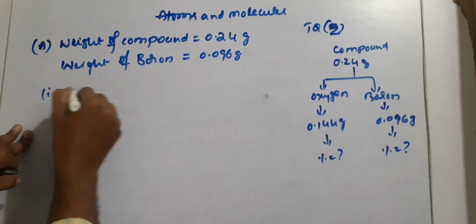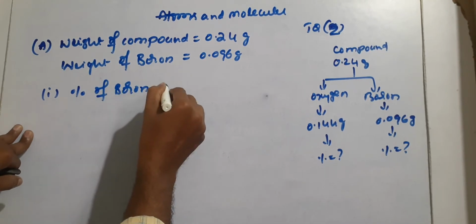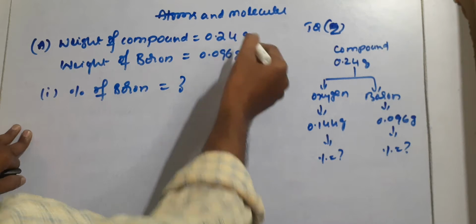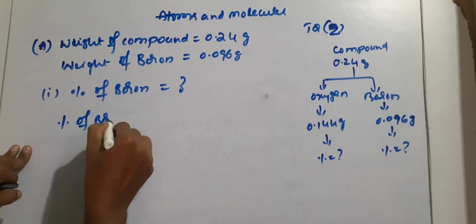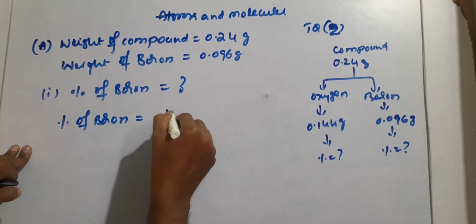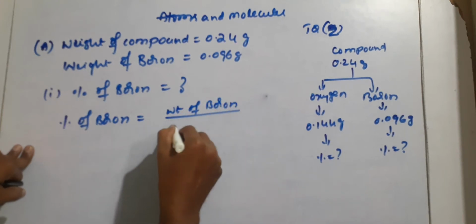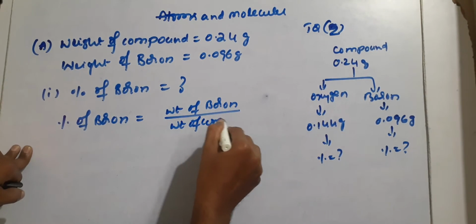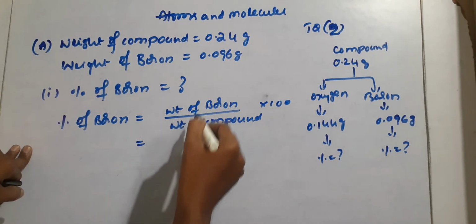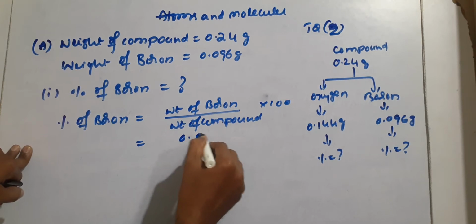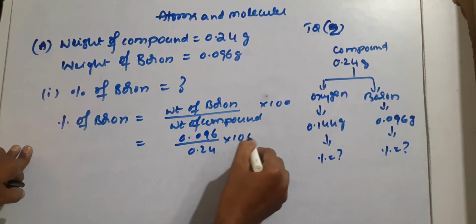In this case, first we want to calculate the percentage of the element boron in the compound of mass 0.24 gram. So percentage of boron is equal to weight of boron by weight of compound into 100. This is given as 0.096 by 0.24 into 100.